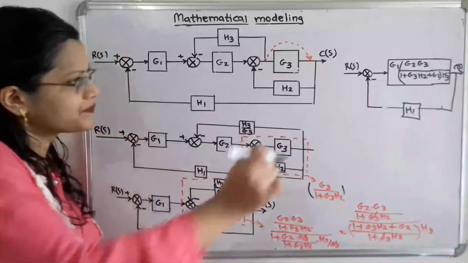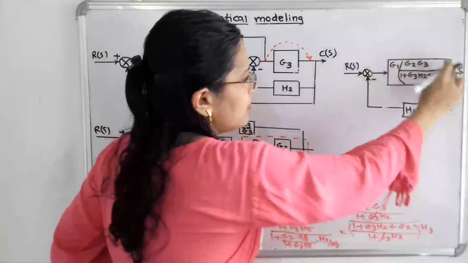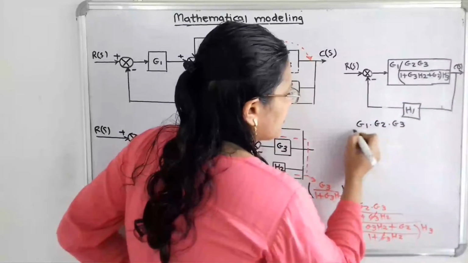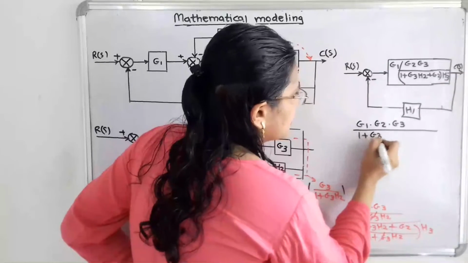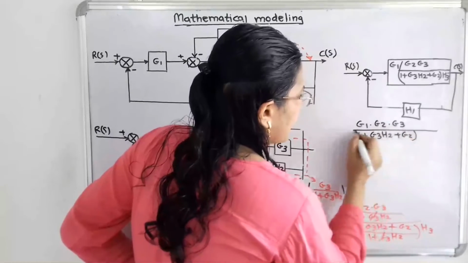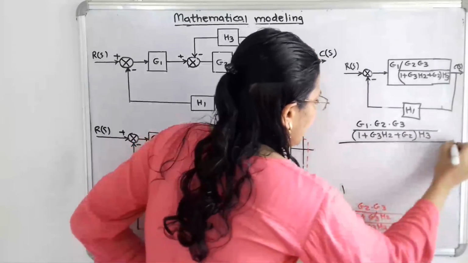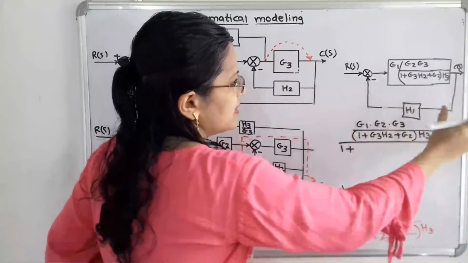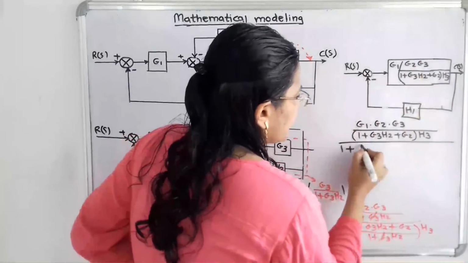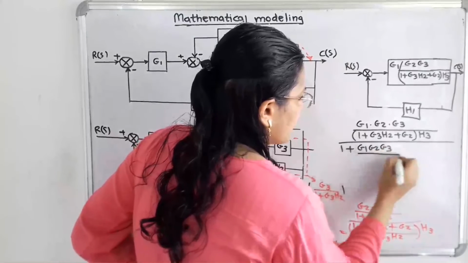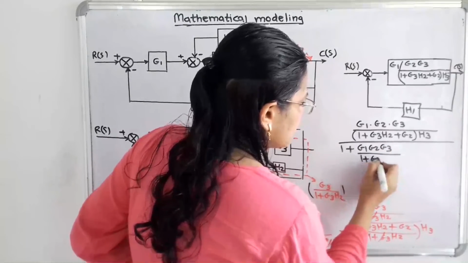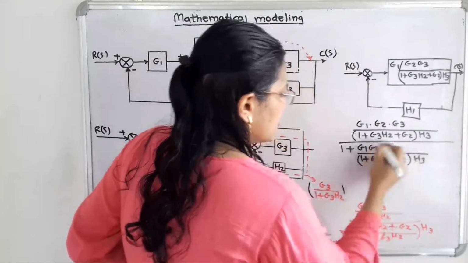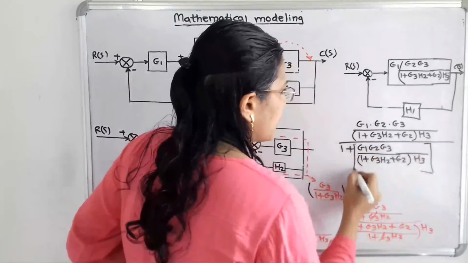I will write here G, that is we have to take this whole bracket, that is G1 into G2 into G3 divided by 1 plus G3H2 plus G2 bracket complete H3, divided by 1 plus, because block G divided by 1 plus G into H. So again I will write this G1 G2 G3 divided by 1 plus G3H2 plus G2 bracket complete H3. This is the whole block, and then we have to multiply with this H1.